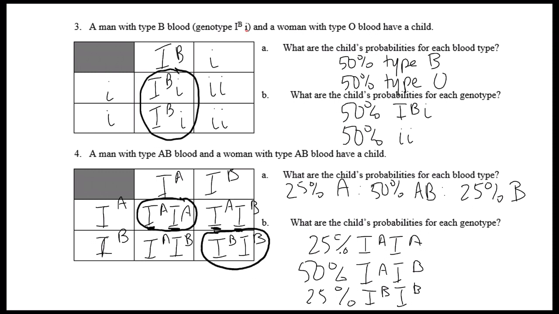So the probabilities for the genotype follow that same pattern. 25% IA, IA, 50% IA, IB, 25% or 1 in 4 IB, IB.